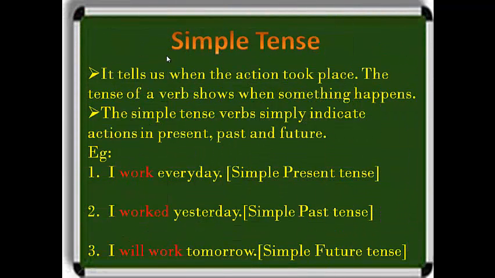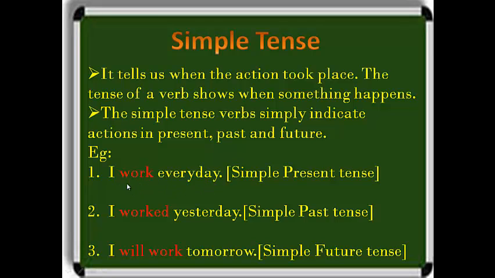So today I am going to teach simple tense. What is simple tense? It tells us when the action took place. The tense of a verb shows when something happens. The simple tense verbs simply indicate actions in present, past and future. For example, I work every day.